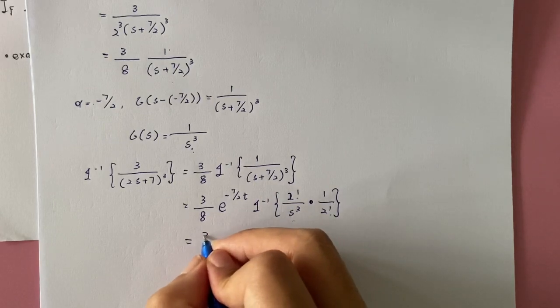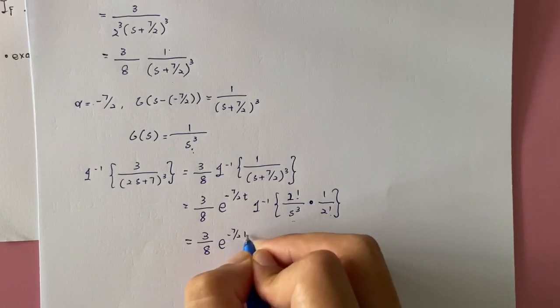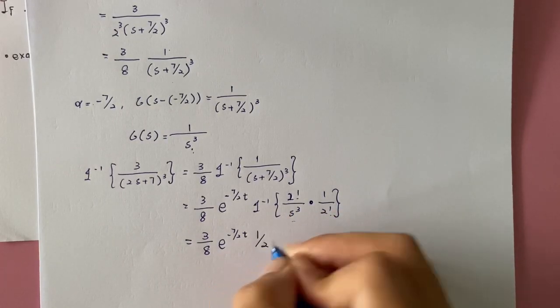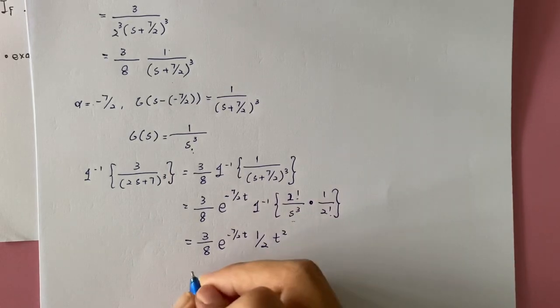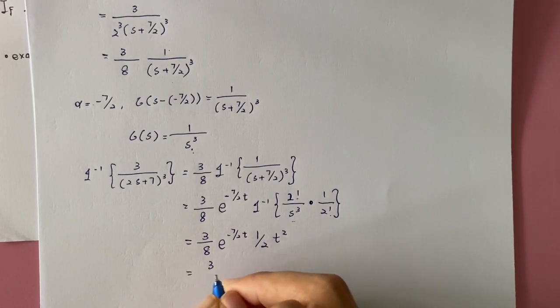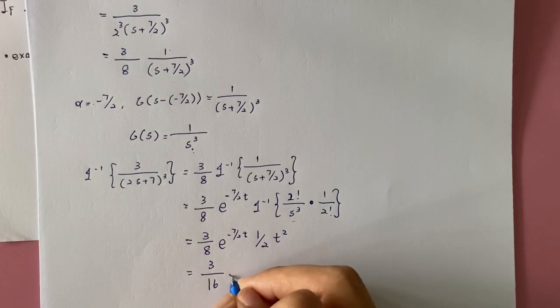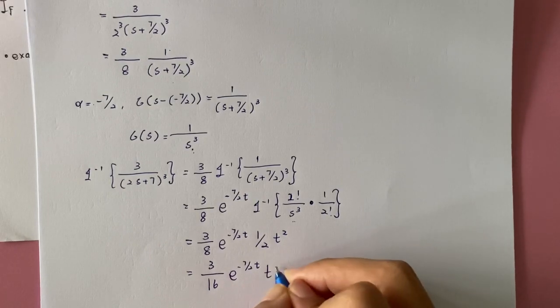So next we have 3 over 8 e^(minus 7 over 2 t), you have 1 over 2 here, and the inverse Laplace for this one is t squared. So the last answer is 3 over 16 e^(minus 7 over 2 t) t squared.